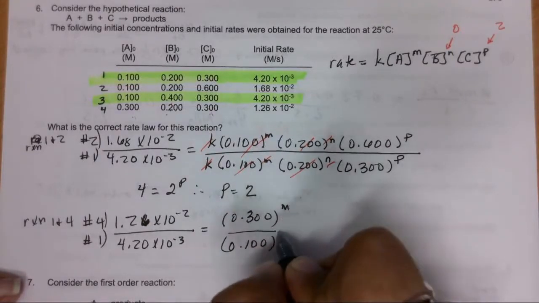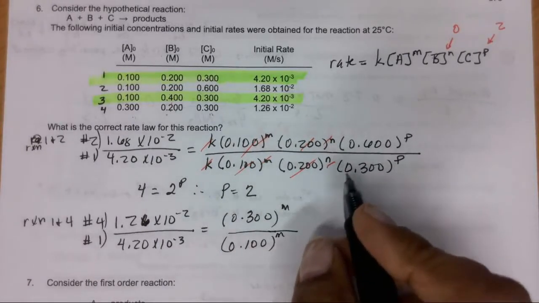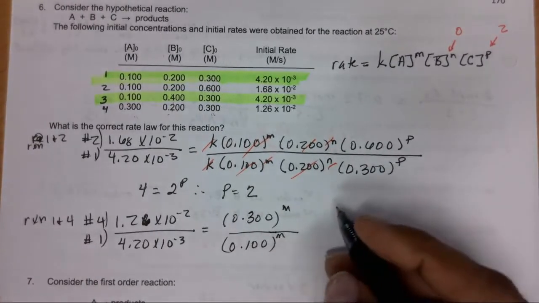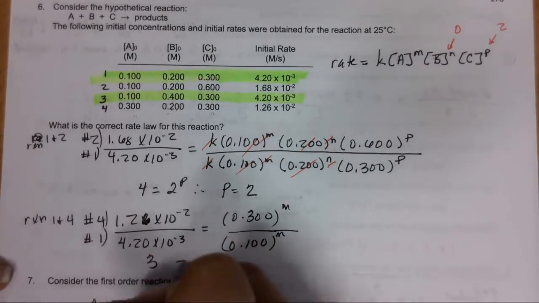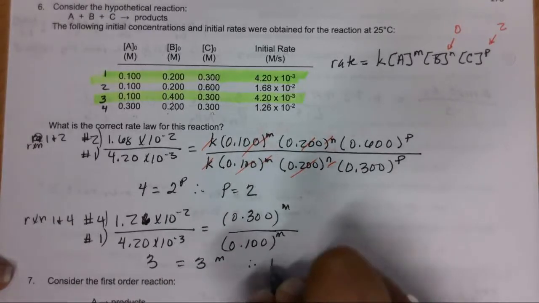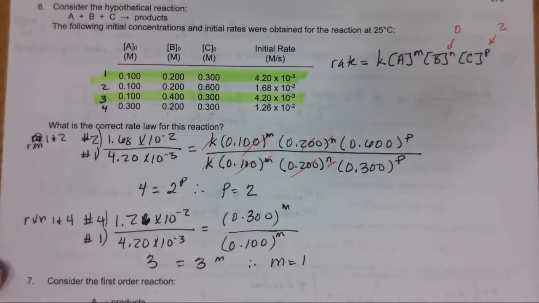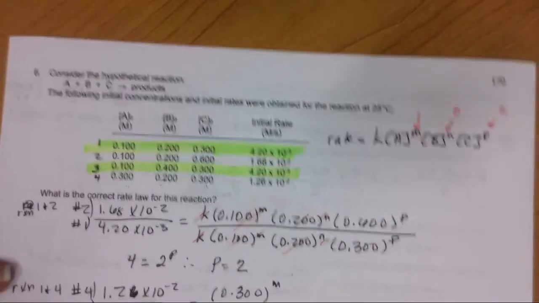M. All right, and so when I do this, I'm going to get 3 is equal to 3^m, right? Therefore, m is equal to 1.